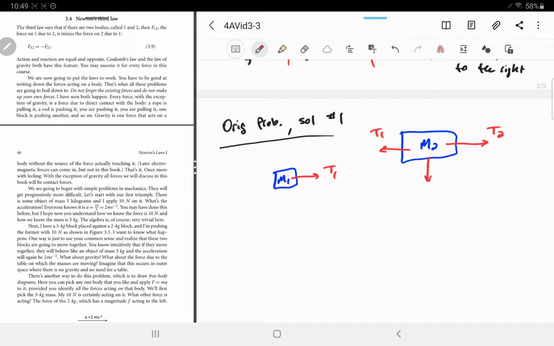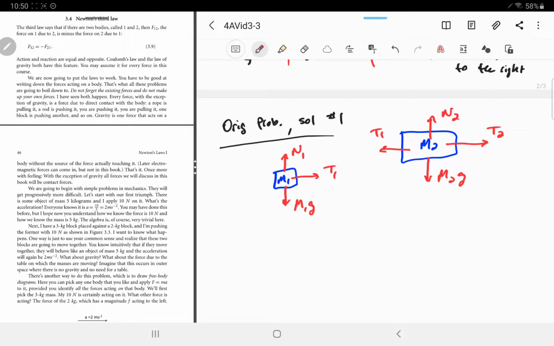Now, in addition, there are gravitational forces acting on both of these things, so M1G and M2G. And then there's two normal forces. Now, I don't want to just call it N and N, because they don't have to have the same magnitude. So if you have more than one normal force, you should label the normal forces in your problem. So we have N1 and N2.